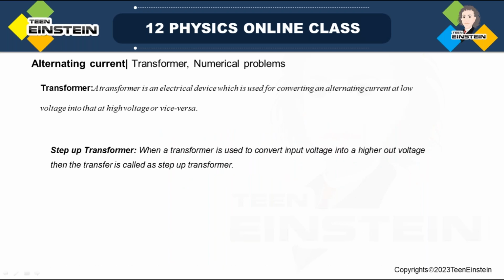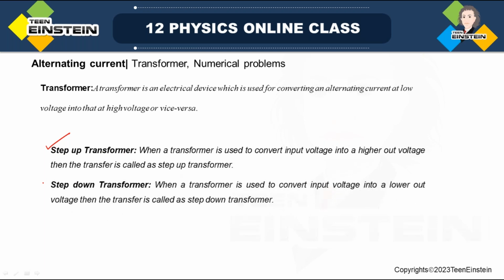Step up transformer: when a transformer is used to convert low input voltage into higher output voltage, then the transformer is called a step up transformer. So basically, according to the operation, there are two types of transformers. One is the step up transformer, and the other one is the step down transformer.